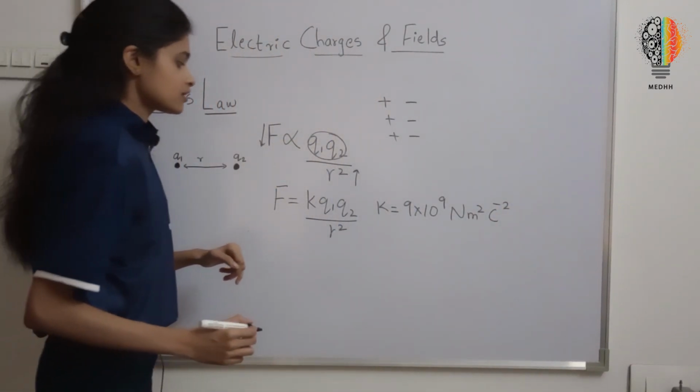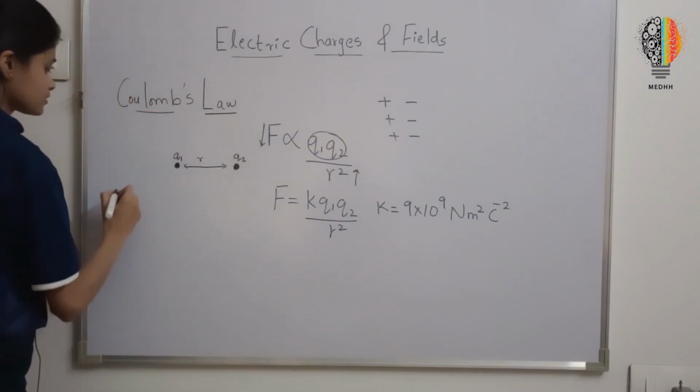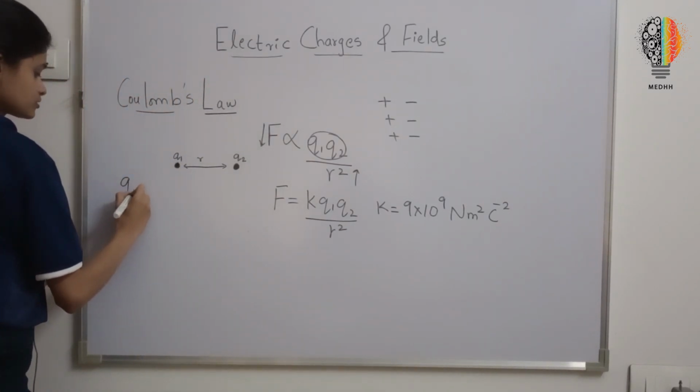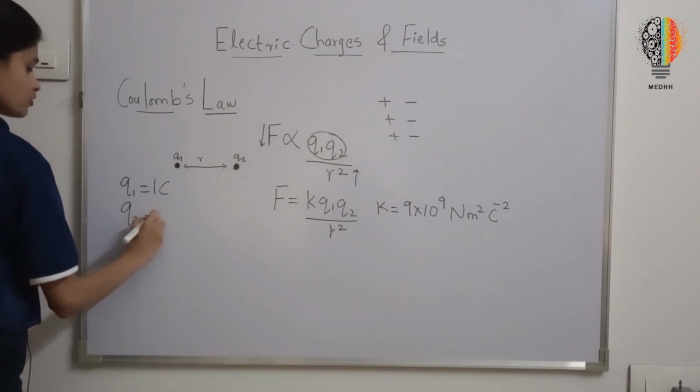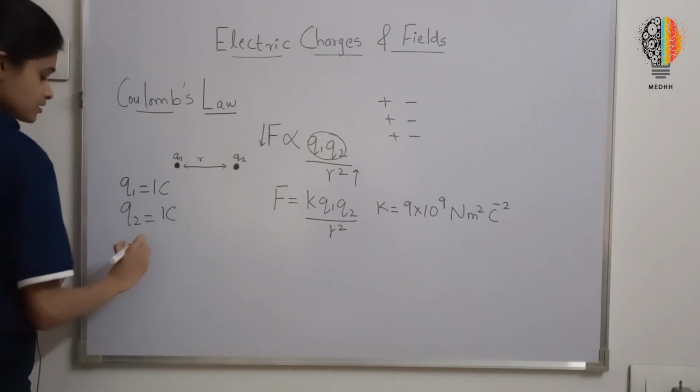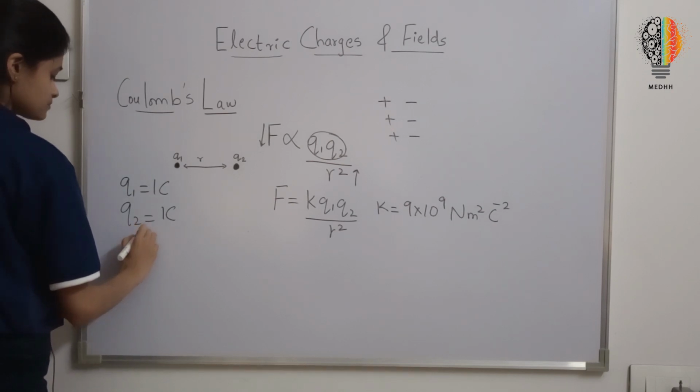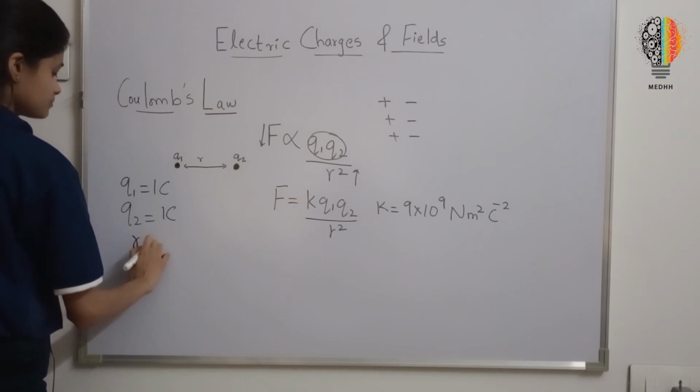So, suppose you keep the value of Q1 as 1 Coulomb, Q2 also as 1 Coulomb, and you keep the distance as 1 meter.